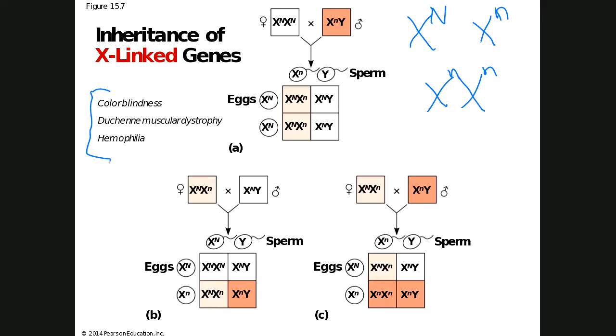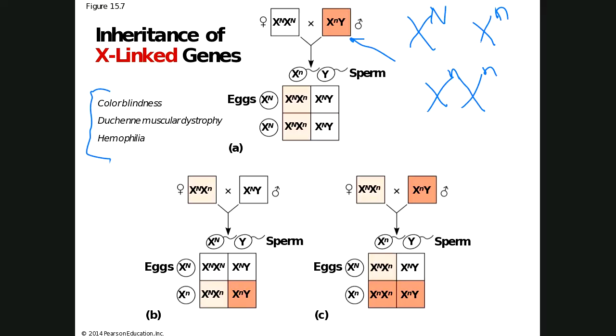The odds of that happening are a lot less, because look at the male now. Look at this box that's colored red. This is what we call a pedigree. The darker color refers to organisms that have the trait, and the lighter color refers to organisms that are carriers.